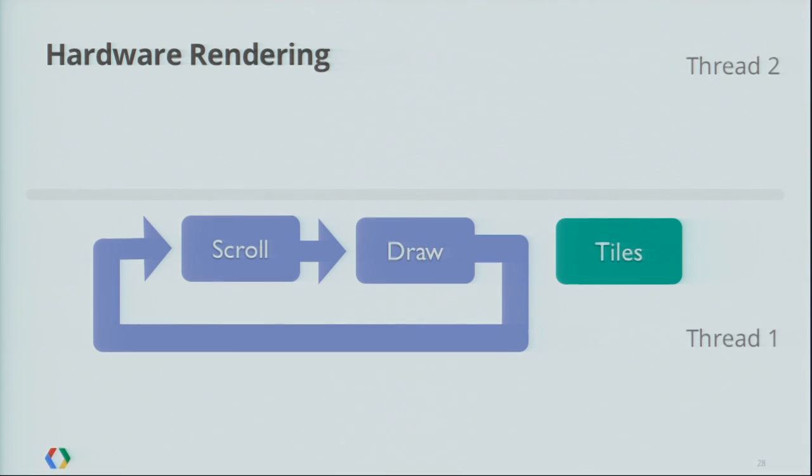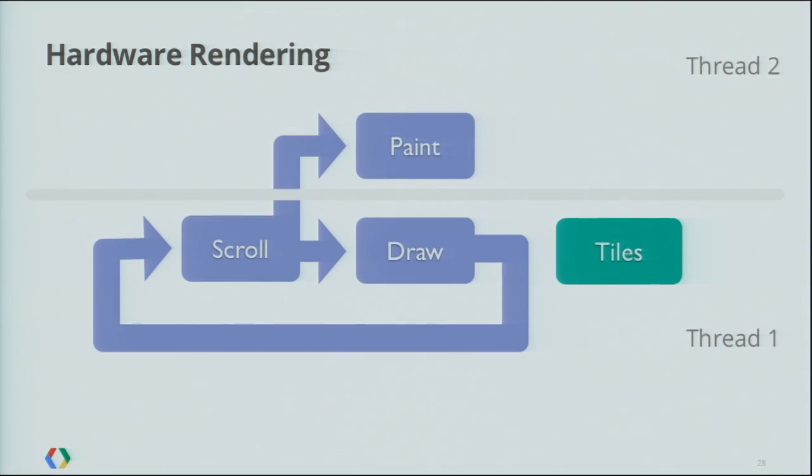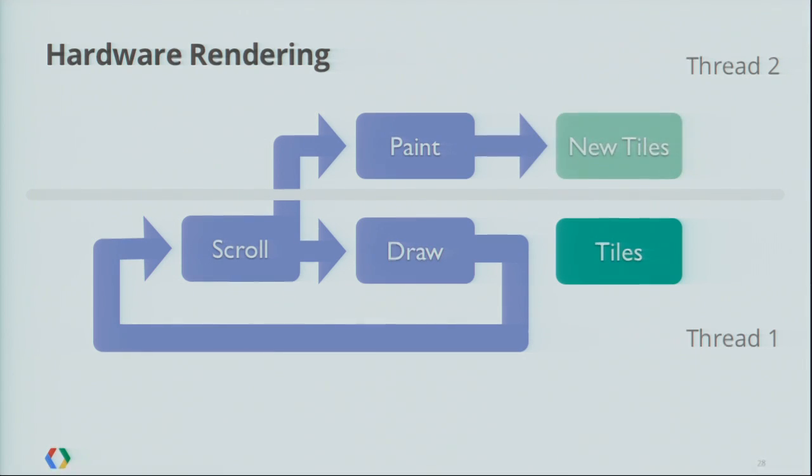And of course, what you do is you move things into different threads. When you scroll, you send a command saying, hey, paint me the new content, the one I just uncovered, and it gives me new tiles. But the nice thing, of course, is that as it's done in a different thread, if that operation takes time, it really doesn't matter.